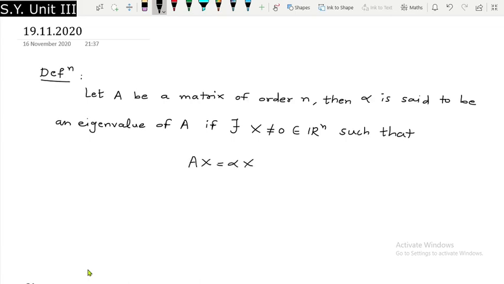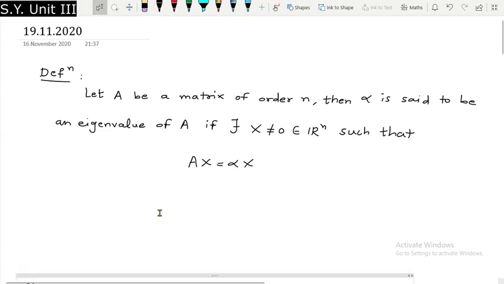So try to understand the difference between the definition in terms of a linear transformation and in terms of a matrix. There is a slight change. Whenever you talk about a matrix, then this vector is from R raised to n, naturally. And why R raised to n? Because the order of the matrix is n. If the order of the matrix is 3, then this eigenvector will be from R raised to 3.